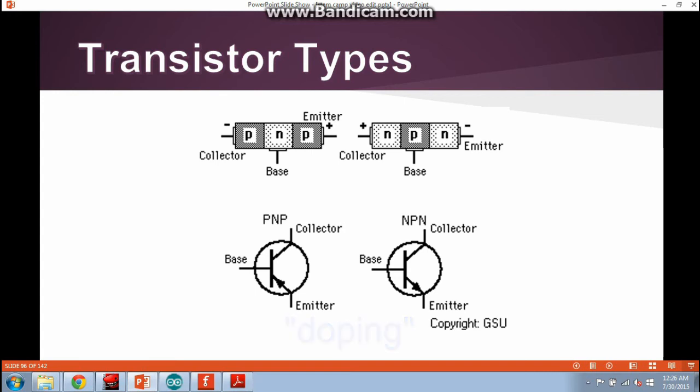There's the N channel, or PNP dope type, and then there's the P channel, which has an NPN doping pattern, and they behave differently, and we'll talk about those different behaviors in a minute.